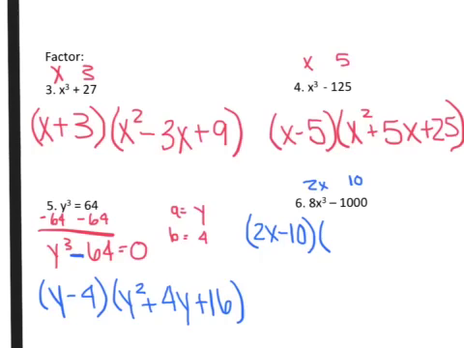The whole first term squared. Jordan? 4x squared. Yes. You have to square everything. 4x squared, opposite sign, that's going to be plus. What's my first times my second term? 2x times 10 is 20x. Always positive, my second term squared, 100.